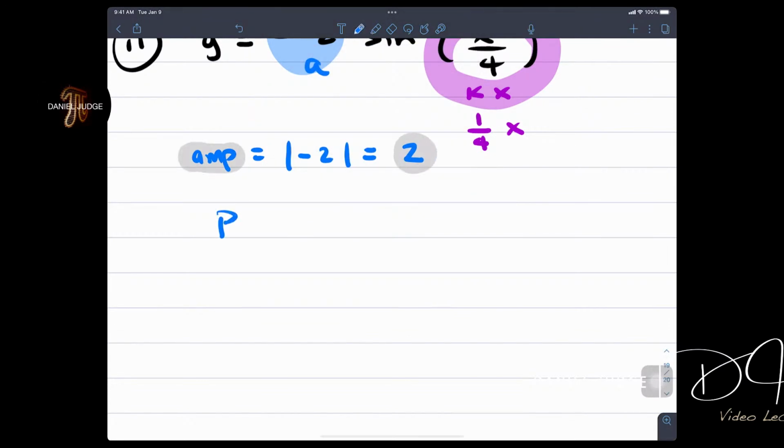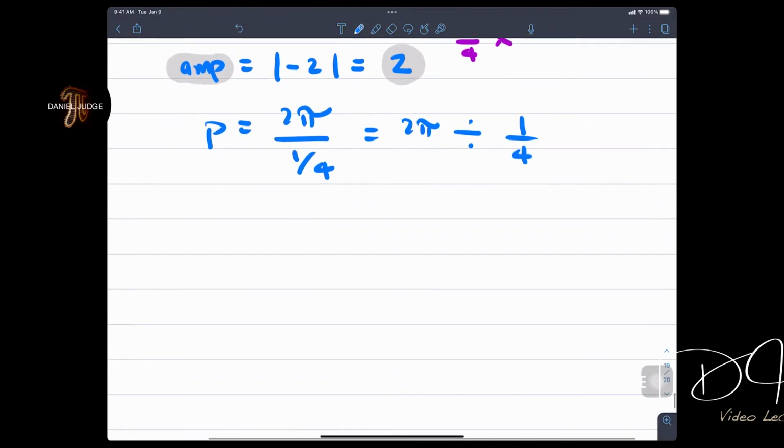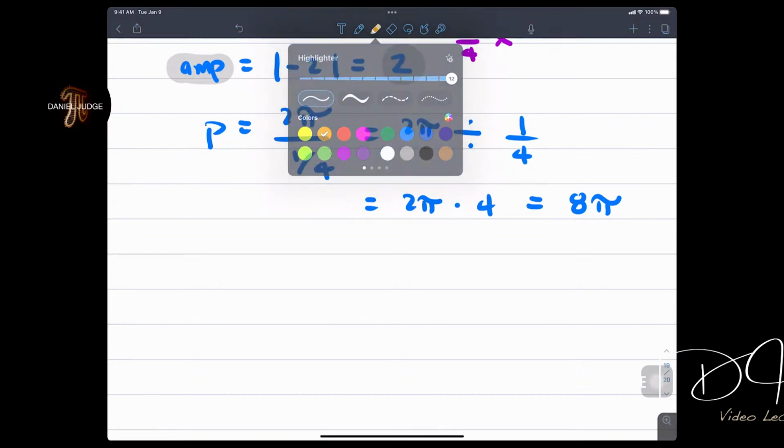Period, ladies and gentlemen, is 2 pi over k. Now k is 1/4. Which is 2 pi divided by 1/4, right? So you say is 2 pi divided by 1/4, which gives you 2 pi times 4. Your period is actually 8 pi. So here you go, ladies and gentlemen.